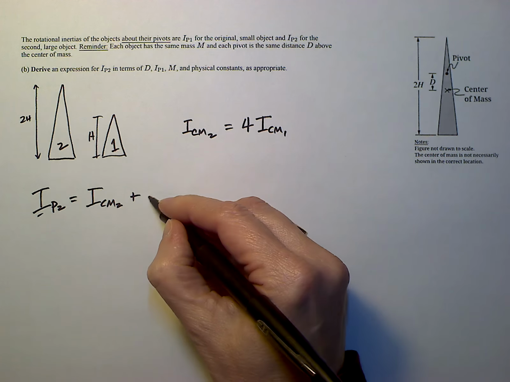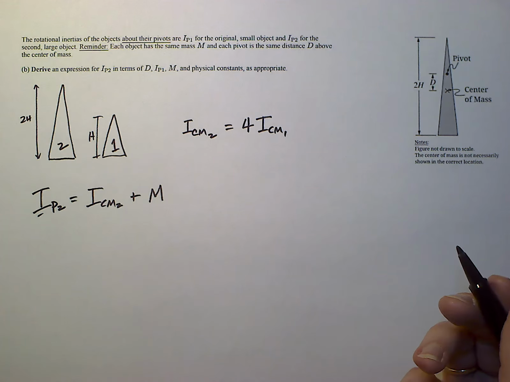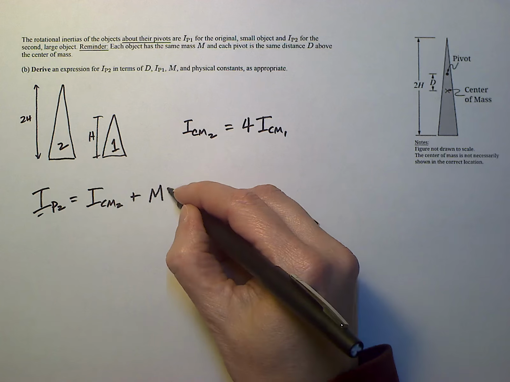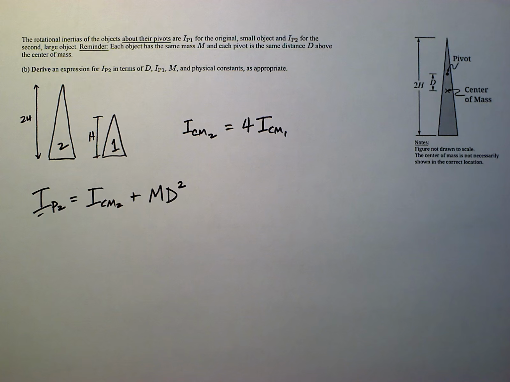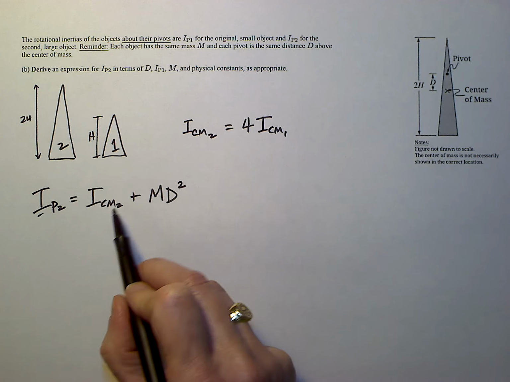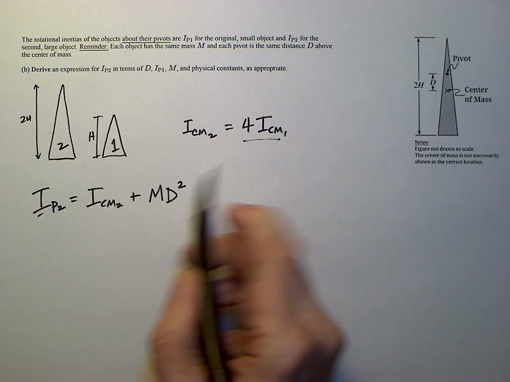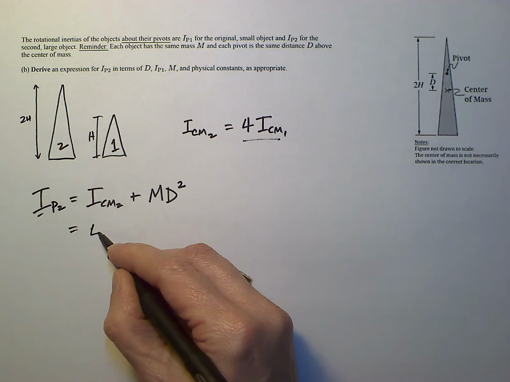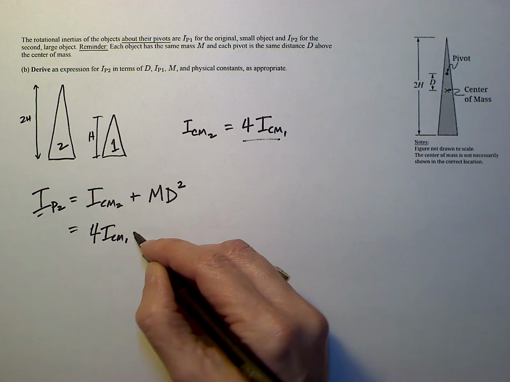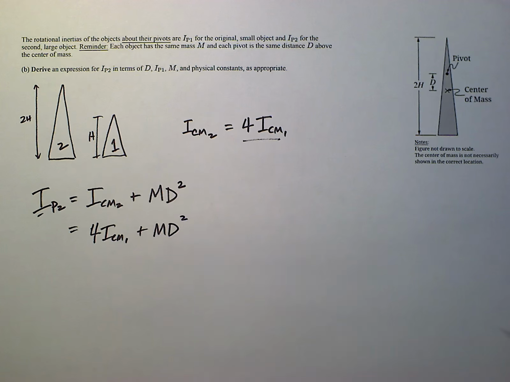Okay, so that would be the mass, capital M, times, we usually use a little d squared, but this problem has defined that distance as capital D squared. Now, again, this is this. All right, so I can substitute that in.